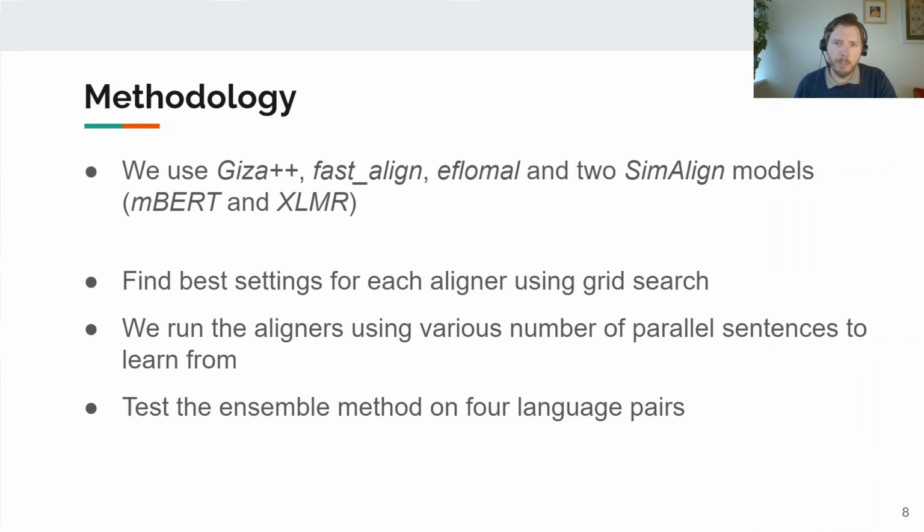Because the IBM model-based aligners learn probabilities from the data they run on, they should be better able to induce lexical translation probabilities and probability distributions when the size of data increases. So in order to study this effect and perhaps gain some insight into how our system would cope with low resource pairs, as we mentioned earlier, we also run the aligners using various numbers of parallel sentences to learn from.